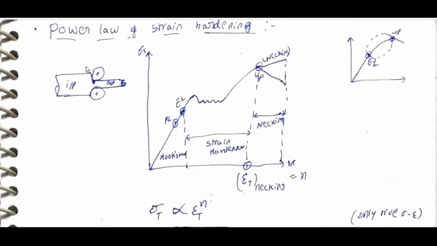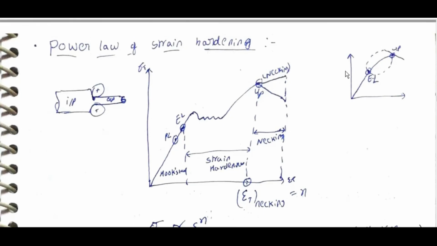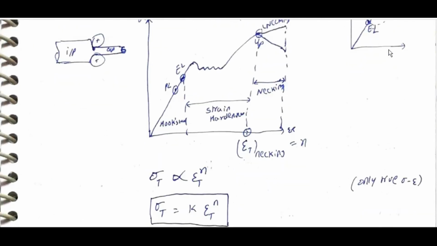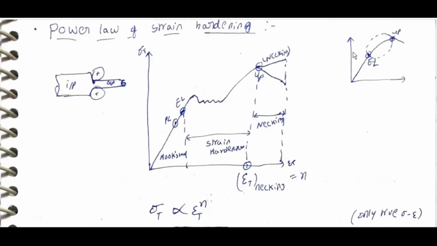Power law of strain hardening. On the true stress-strain curve, from the elastic limit to the upper yield, the material is elastic, and from the elastic limit to the ultimate point we have proportionality between sigma t and epsilon t, Hooke's law up to the elastic limit.